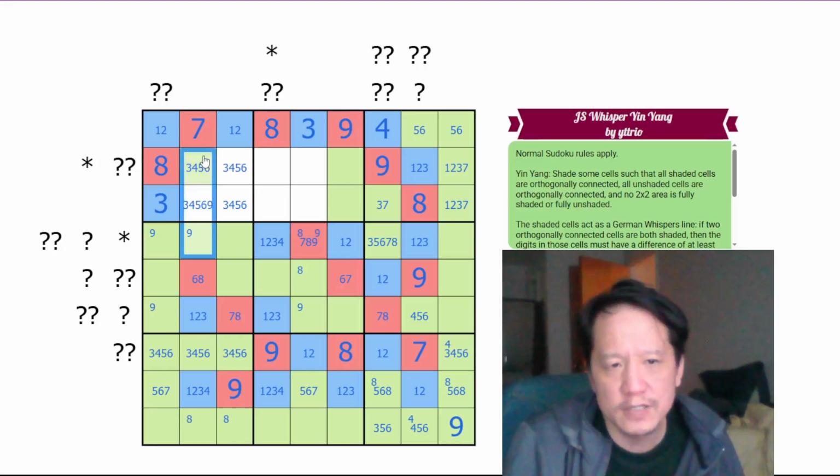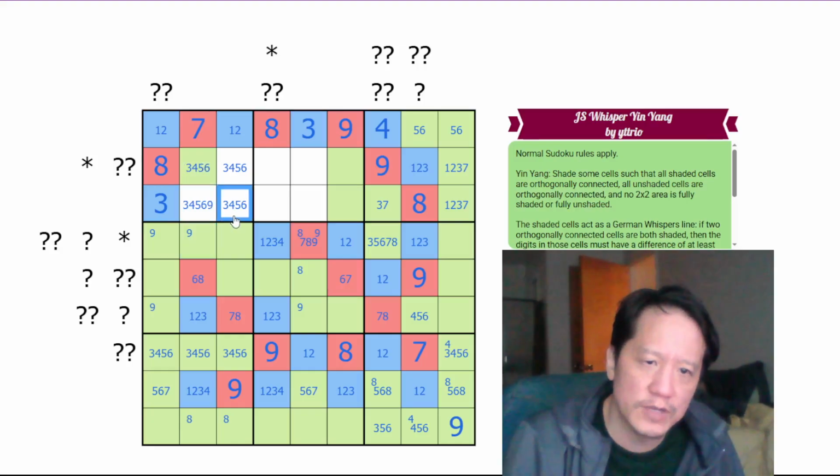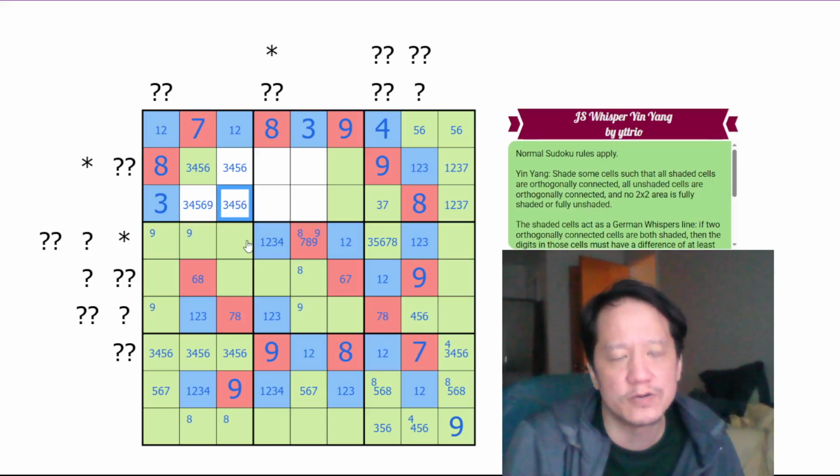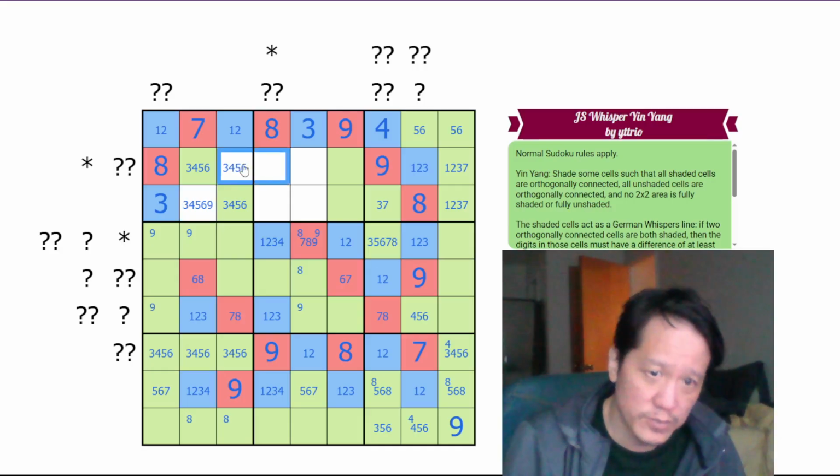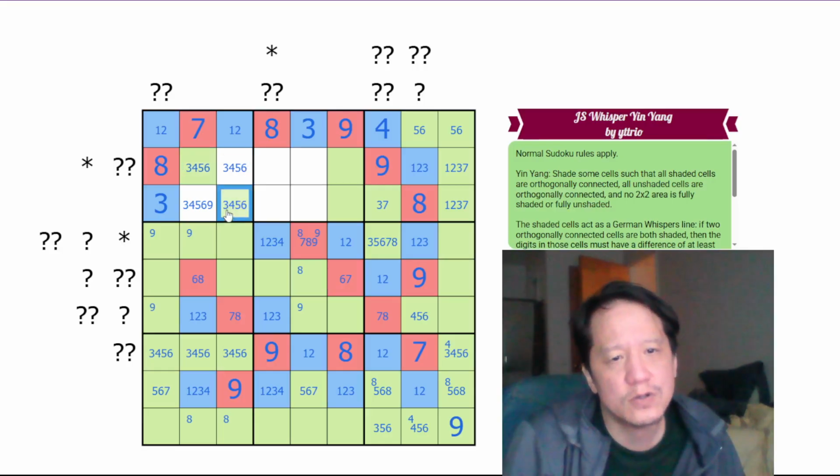If we try connecting here, then this would have to be unshaded, but again, that would have to be 4, and it would have to connect to a 9 in one of these spots, which is not allowed. So this has to be shaded. These are both shaded. This can be shaded or unshaded. The problem is, I guess it could be unshaded here. Okay, can this be unshaded?